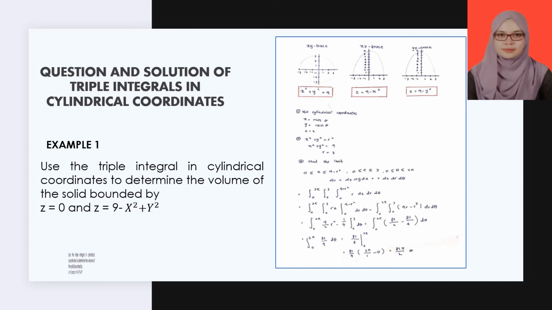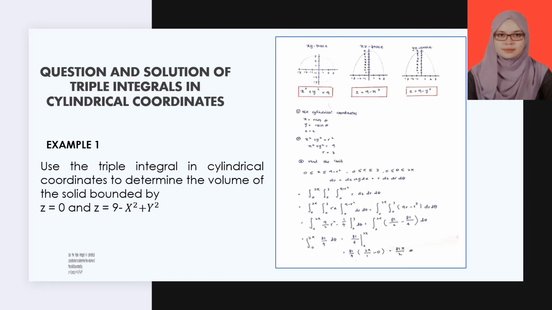In this question, we need to use the cylindrical coordinates, which is x equal to r cos theta, y equal to r sin theta, and z equal to z. So we get x squared plus y squared equal to r squared, and x squared plus y squared equal to 9, so we get the radius equal to 3.